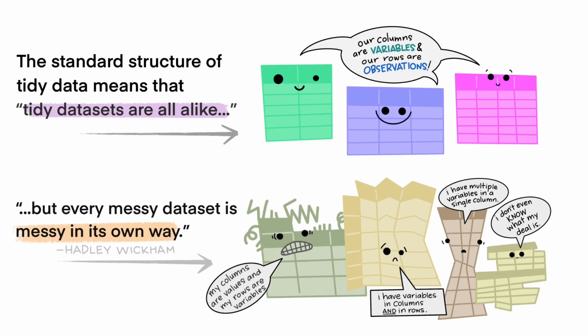You first have to somehow separate the values from this one column. And then the last guy here, I've seen him over and over in the wild. I don't even know what my deal is. Yeah, I often think that when I get data sets that someone who has no idea about data science produced, and of course, this is fine. This is not the job of people who enter data, but we have to deal with it, and it sometimes gets a bit frustrating.